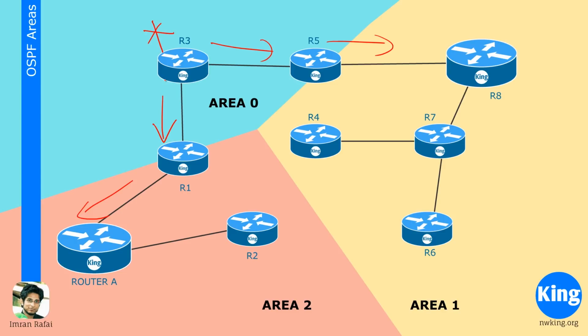So whether a link changes or there is an update, other than that, LSAs have a timer of 30 minutes. So let's say router 3 generated an LSA; every 30 minutes, it has to update itself.